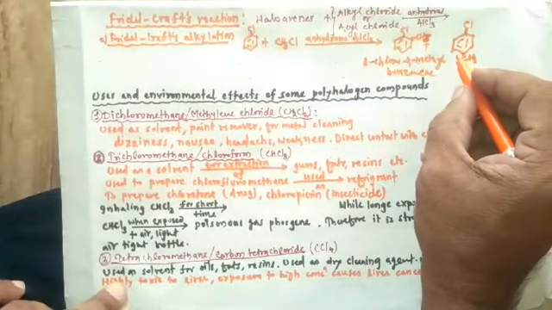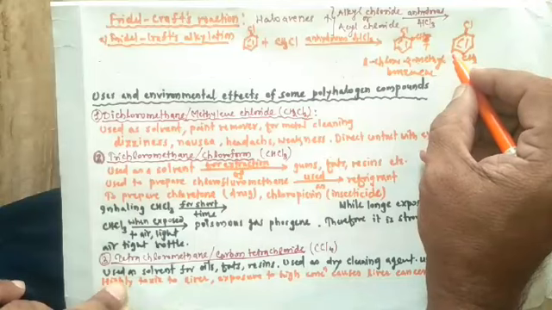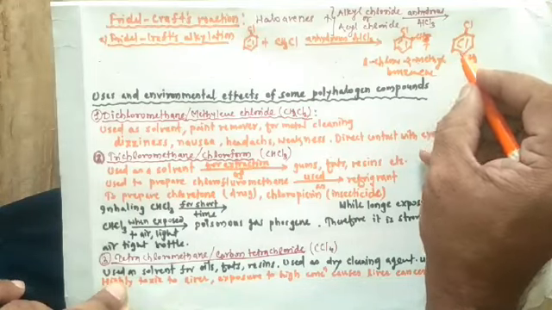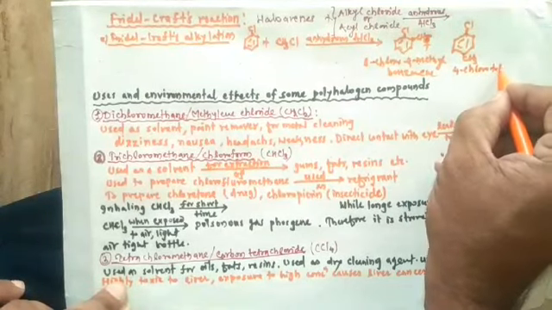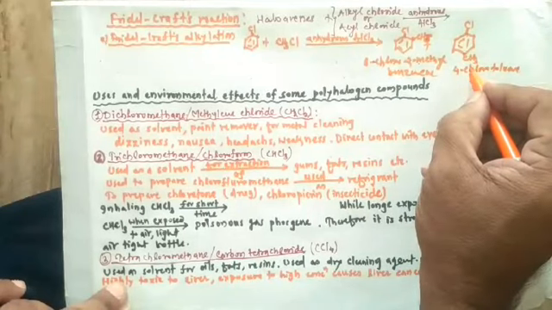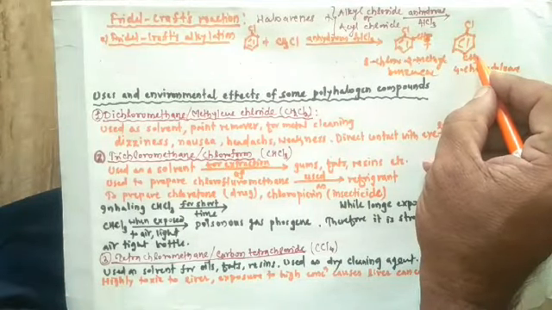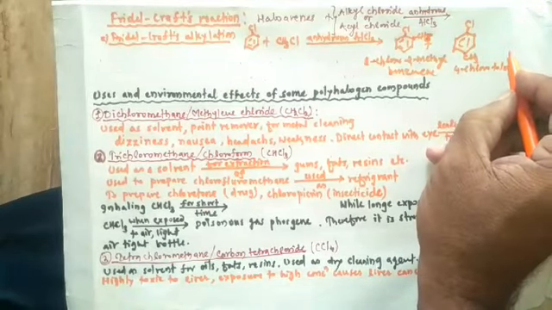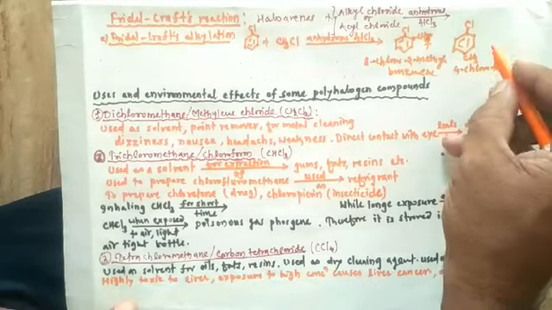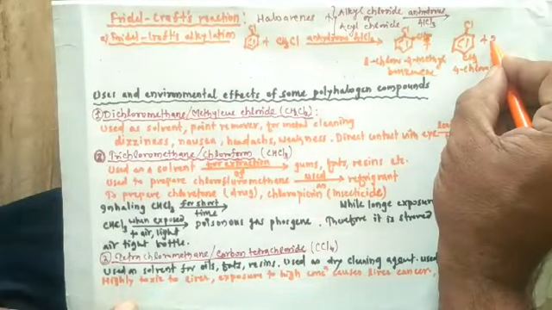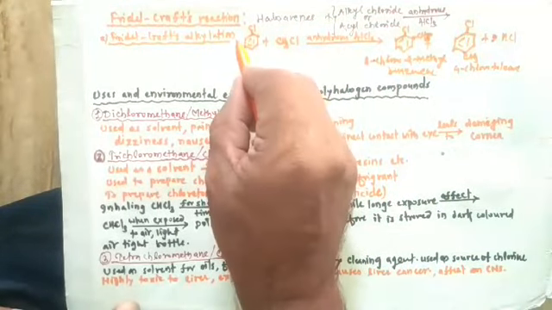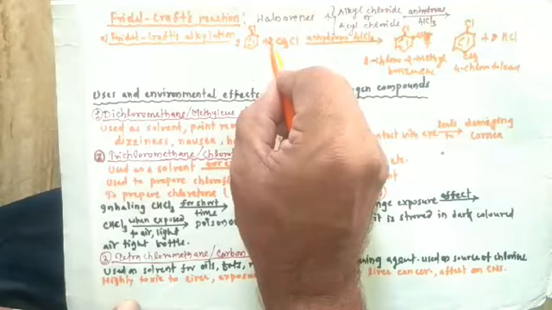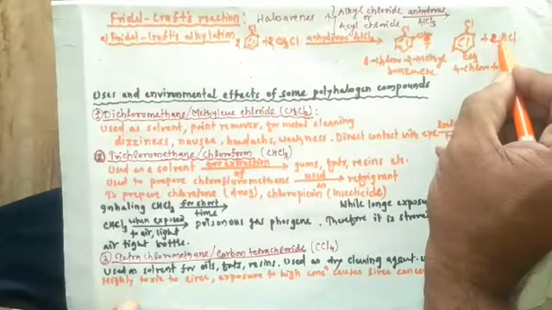Its name is 4-chlorotoluene. So here the byproduct formed is HCl. Again, to balance this reaction, here we have to write 2, here we have to write 2, and here also we have to write 2.